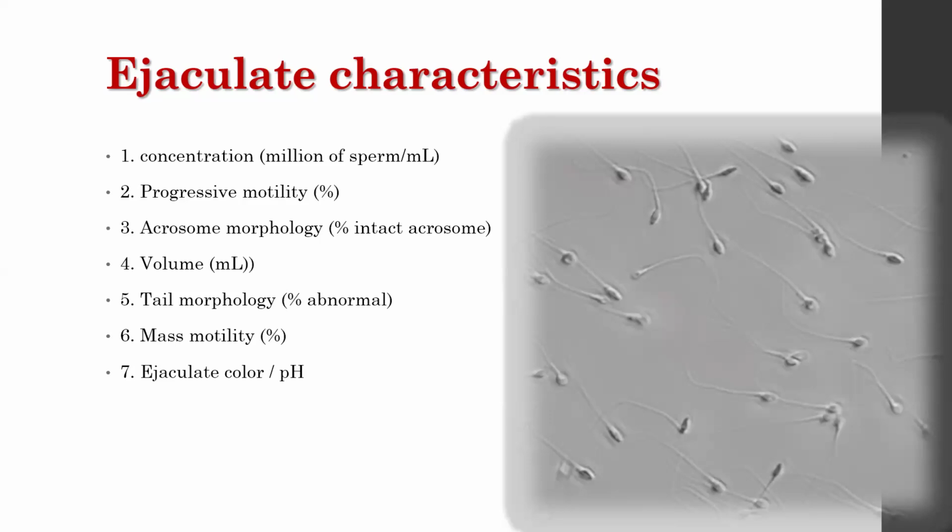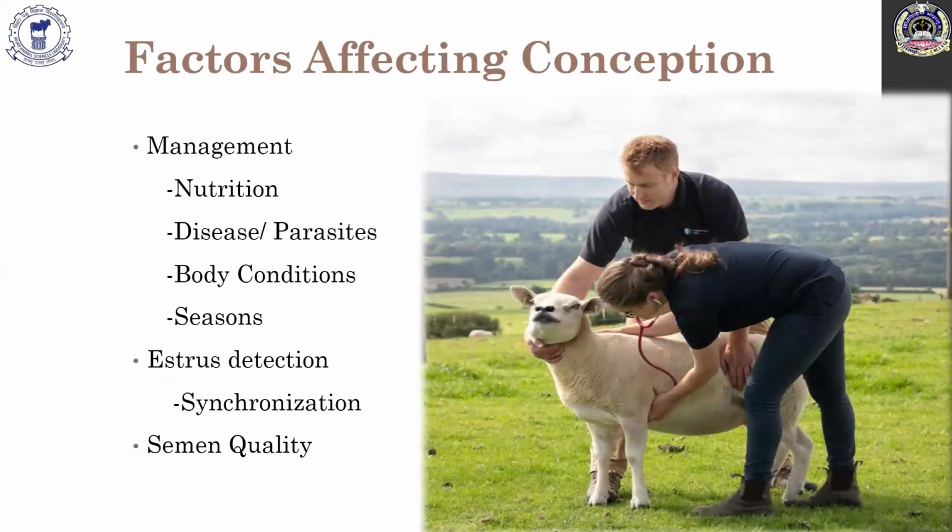Afterward, we check visible characteristics like the color and thickness. By visualization, we check whether the color of the ejaculated semen is okay. What is the pH? We have to check these characteristics before preparing semen.